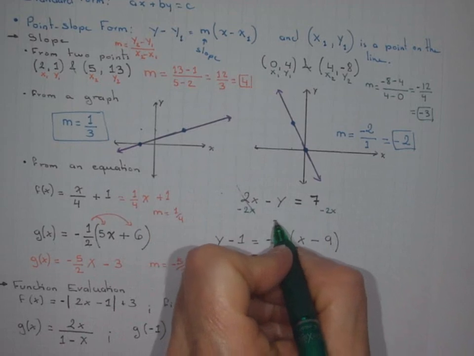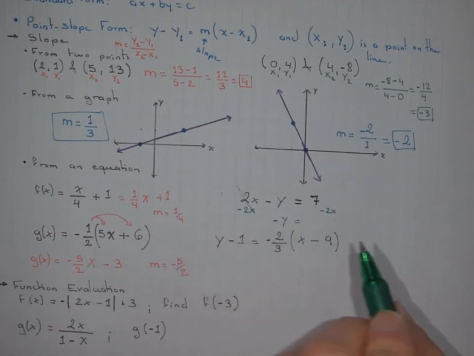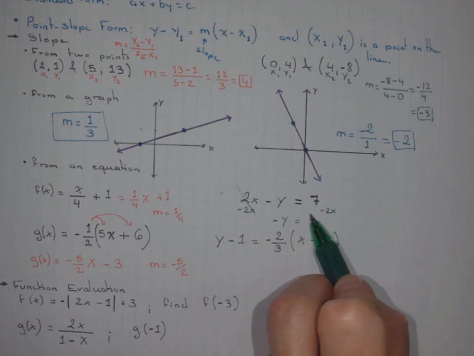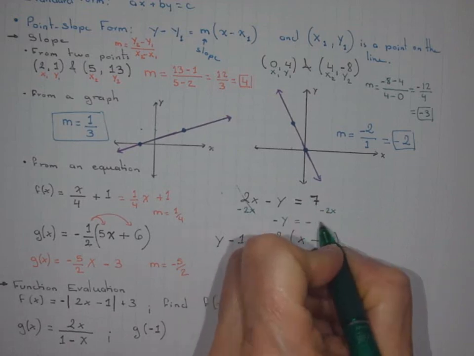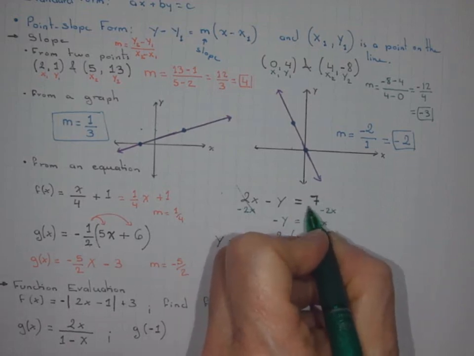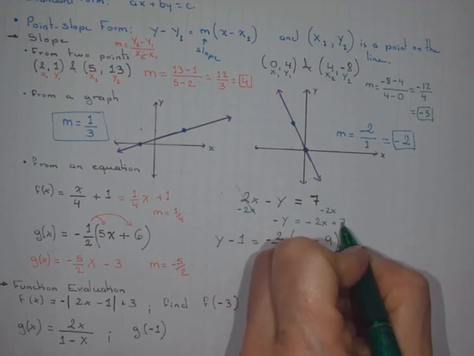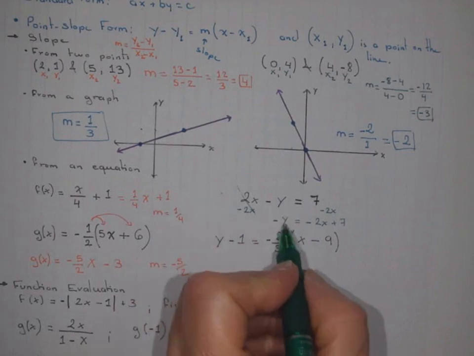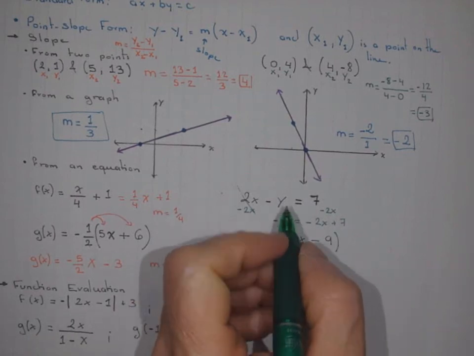And so I'm going to have negative y is equal to, I don't like my x term behind the constant, so I'm going to sneak it in the front here, and I'm going to say that's a negative 2x, and that was a positive 7, so plus 7. And then I need y completely by itself, so I need to divide by a negative 1 all the way through.